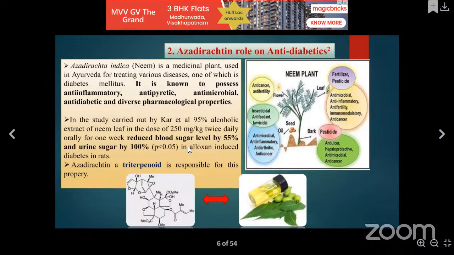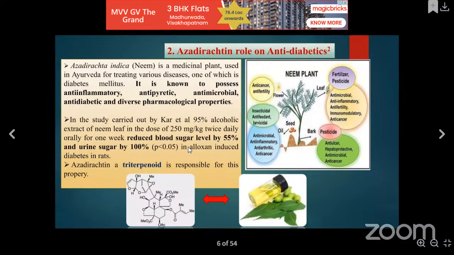There was reduced blood sugar levels up to 55%, and there were no sugars in urine, as they observed in the diabetic patients. That study suggests that the alcoholic extract of this plant has highly anti-diabetic properties.